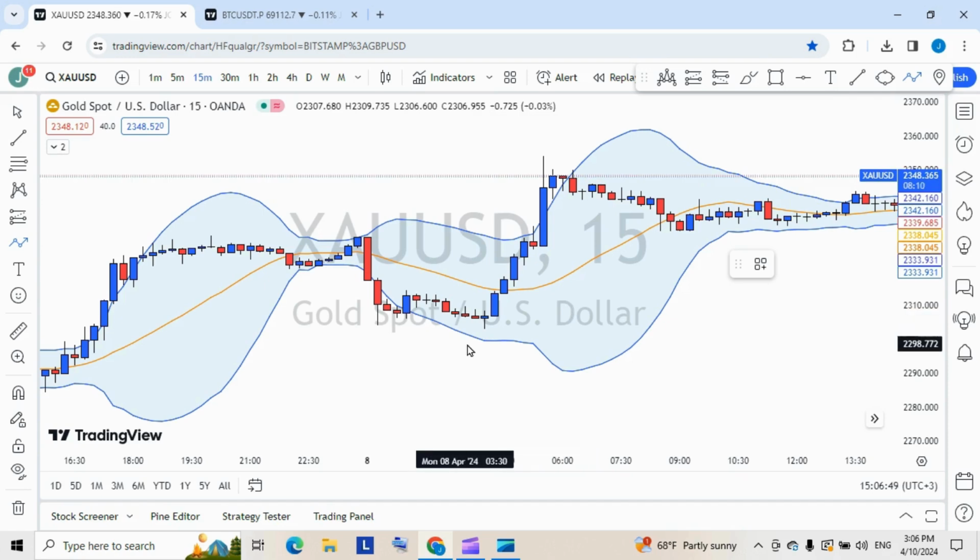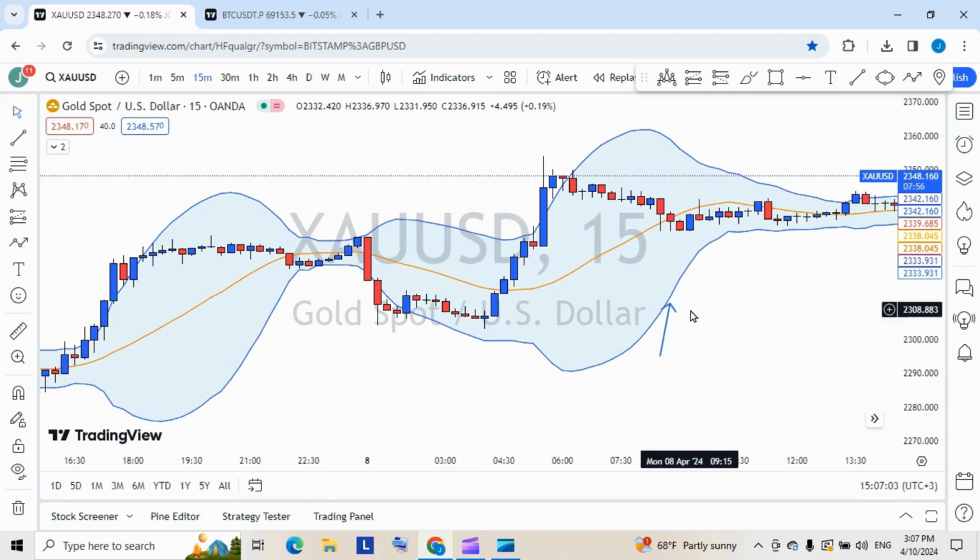There are a lot of terminologies, but as always, you already know me. I want to keep my tutorials very beginner friendly. I don't want to be explaining to you guys this is this, this is this. So where you are seeing this arrow pointing is the lower band. And this particular area at the top is what we call the upper band.